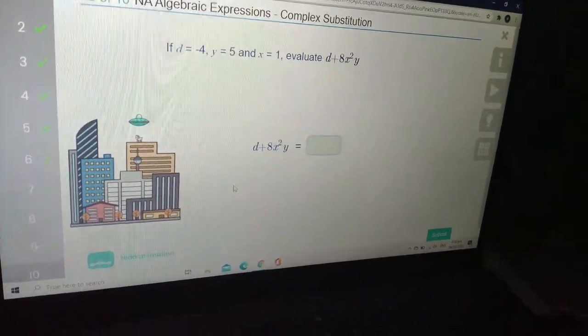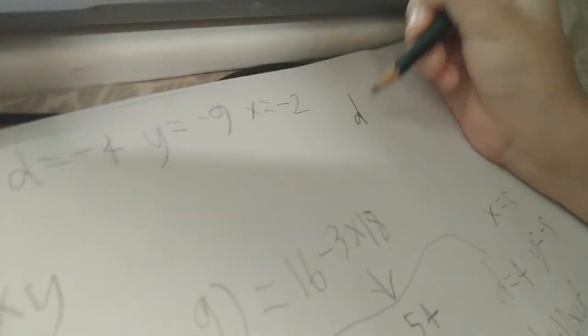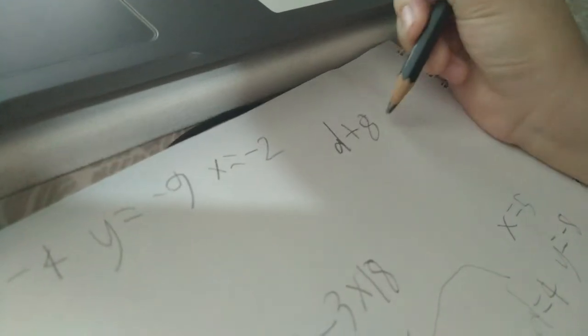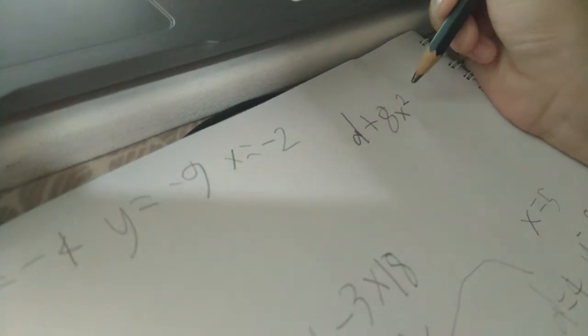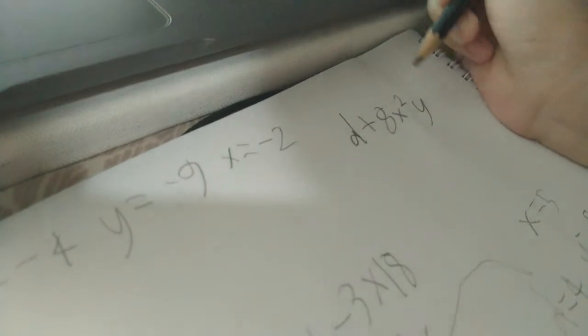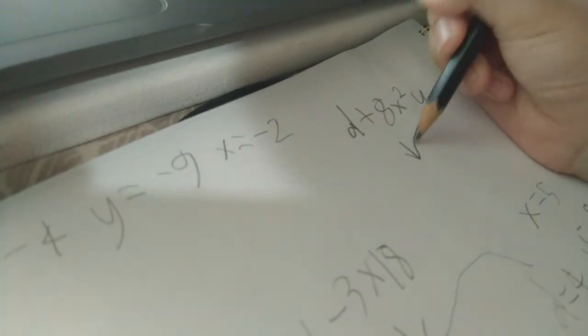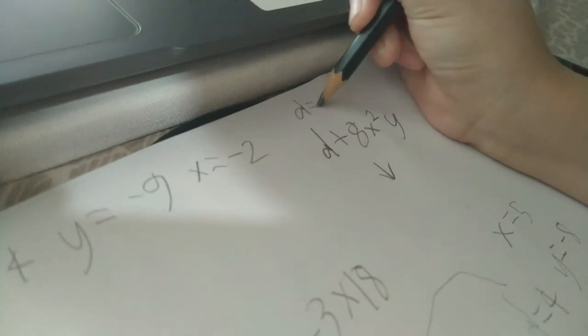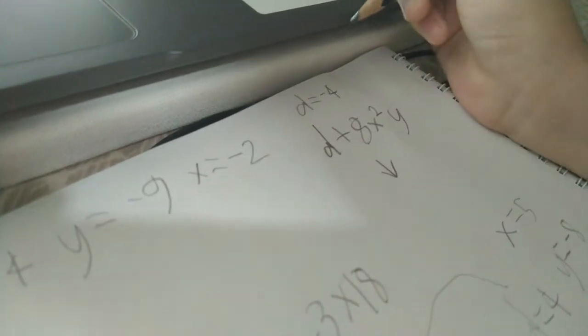Okay. D plus 8x squared times y. Well, d equals -4 here. I just changed that.